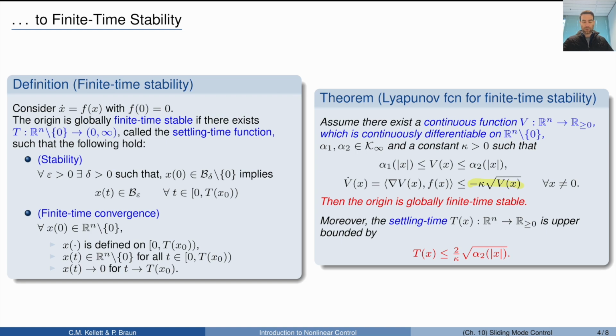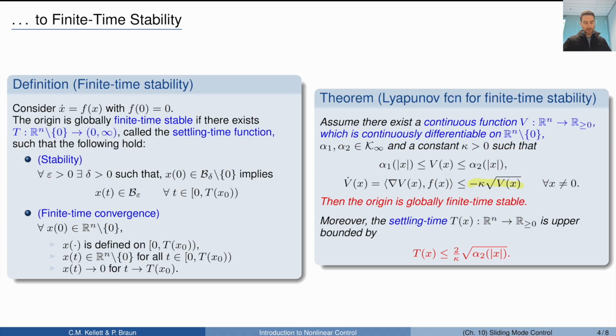And then we can conclude global finite time stability from this Lyapunov function, and this result up here additionally provides us an upper bound for the settling time through this upper bound here, the K-infinity function alpha 2.